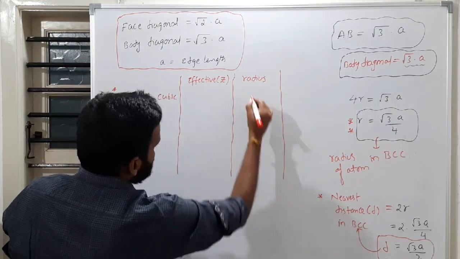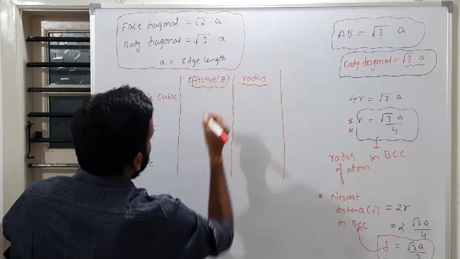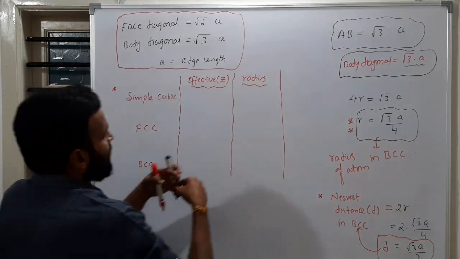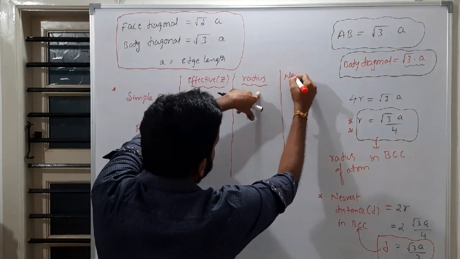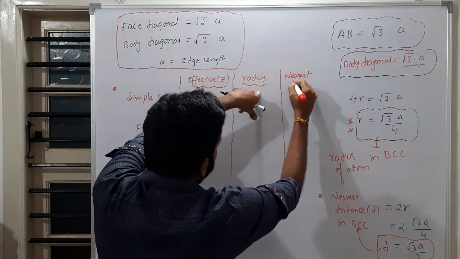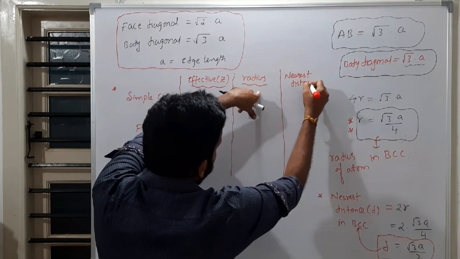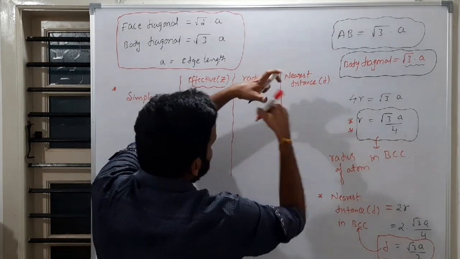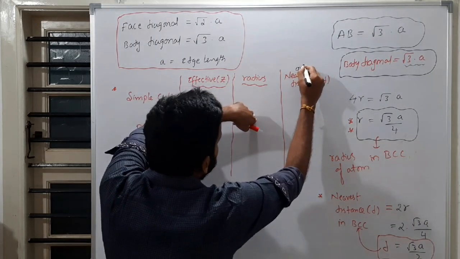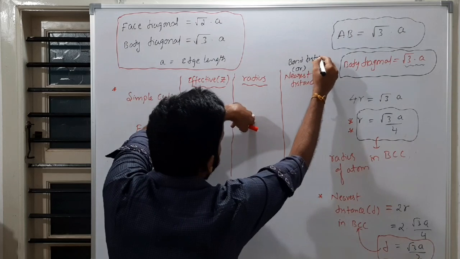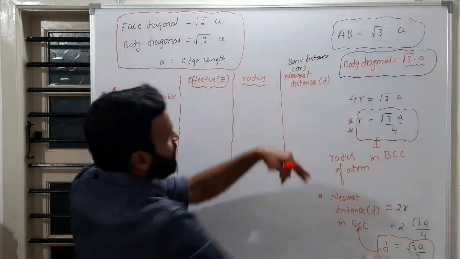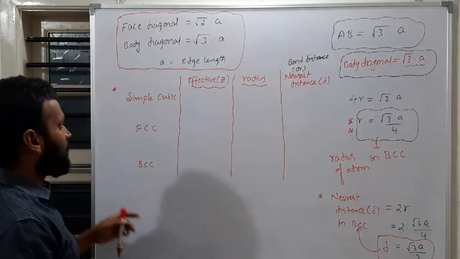And last and final, that is the nearest distance, in brackets d. Or else this nearest distance is also called bond distance, or bond length.